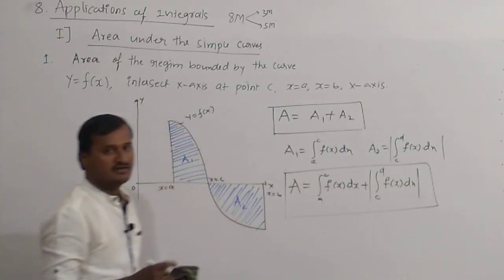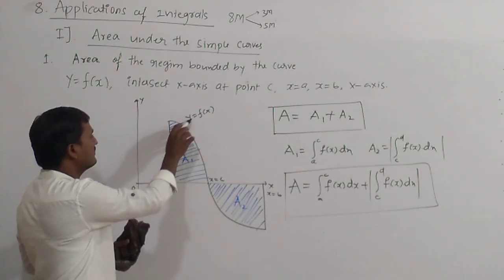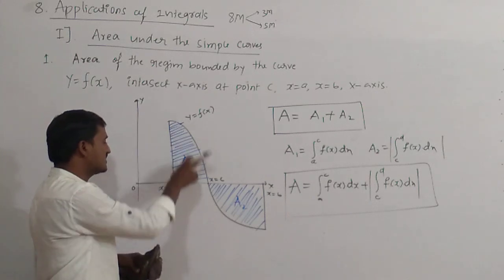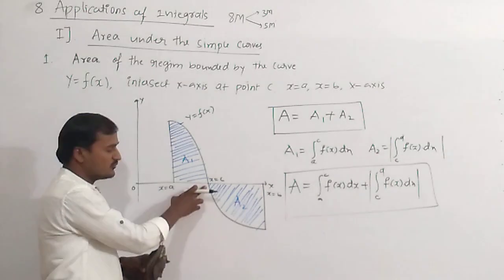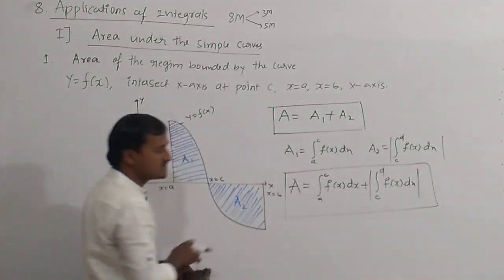So this gives the area of the region bounded by the curve y is equal to f of x. This curve intersects the x axis at point c from the line x equal to a to x equal to b.